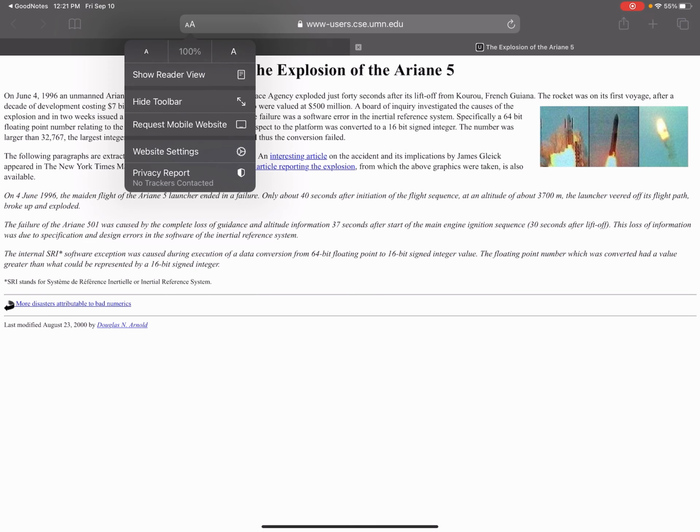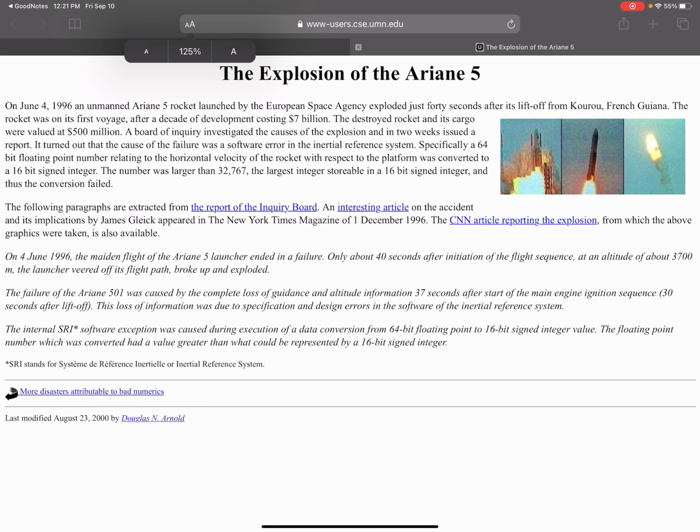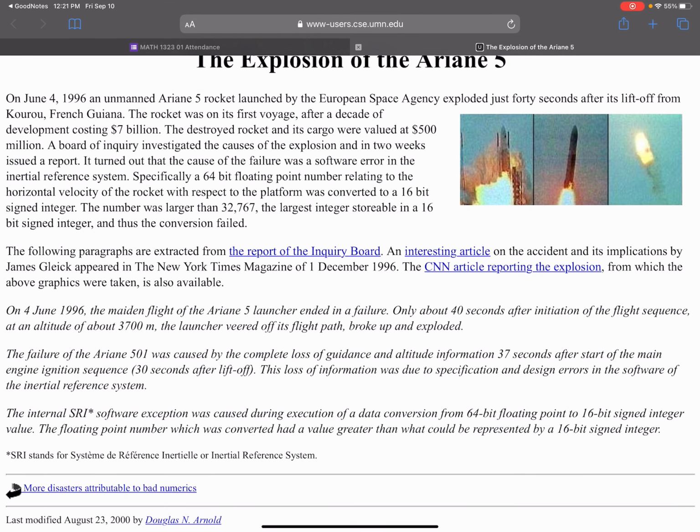Yeah, here's a little bit of information about it. It was actually an explosion of the Ariane 5 rocket launched by the European Space Agency. And it kind of happens right here, where they thought they had 64 bits to represent a decimal or floating point number, but it got messed up when it was trying to convert to 16, so it messed up the velocity and ended up costing about $500 million.